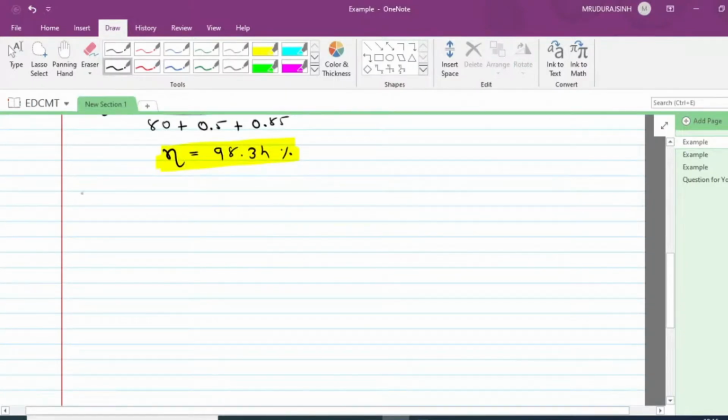So now the efficiency is known to us, and the next thing we need to find is voltage regulation. So ultimately we need to find percentage regulation. So what is the equation of percentage regulation of a transformer?